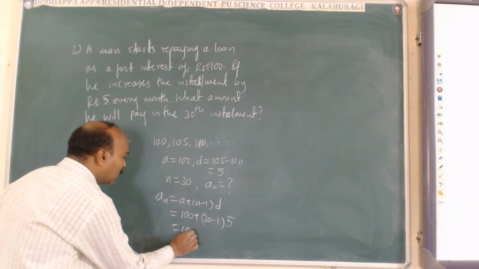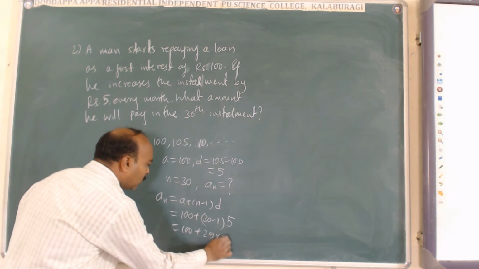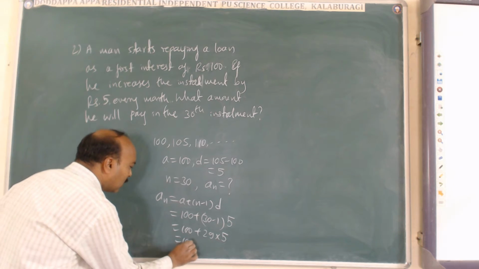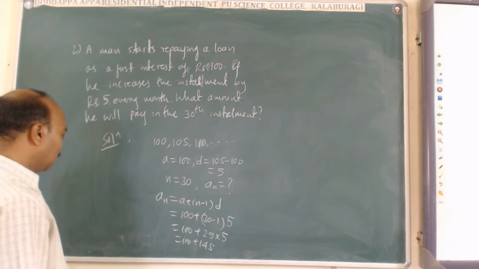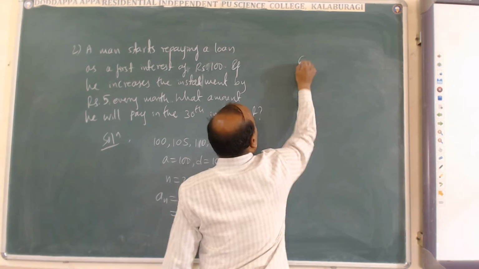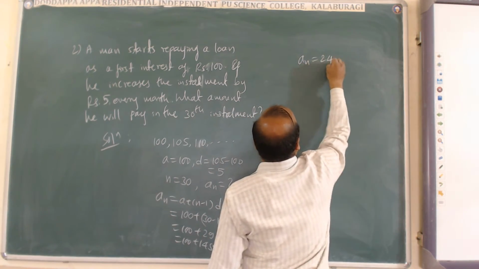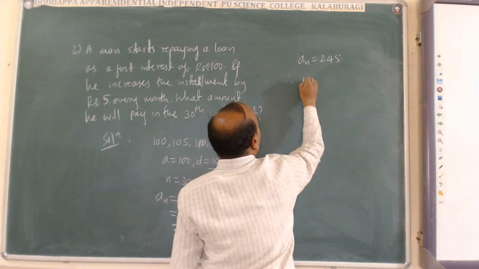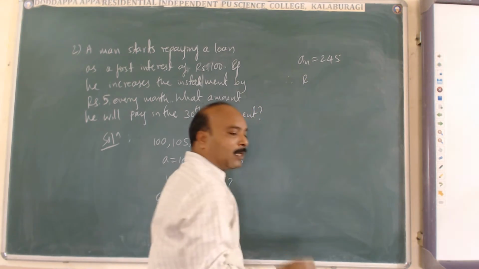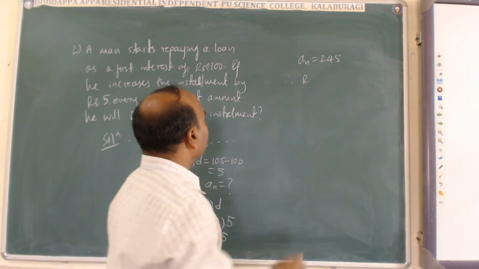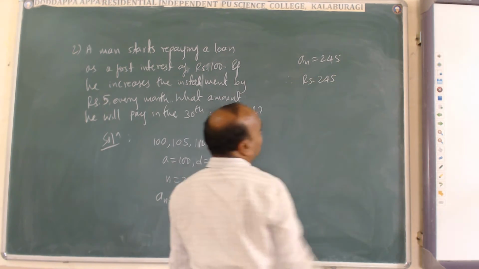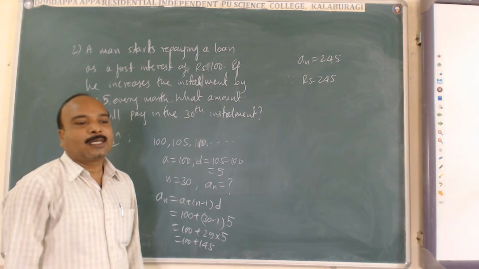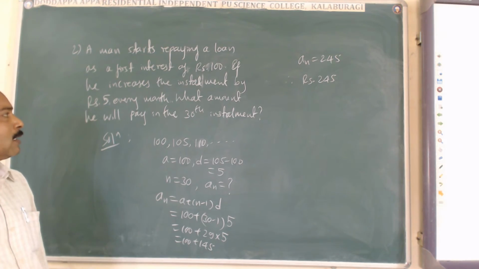So it is 100 plus 29 into 5. It is 100 plus 145. So this a n equal to 245. Therefore the man will pay the 30th installment as rupees 245. This is the amount the man will pay at the 30th installment.